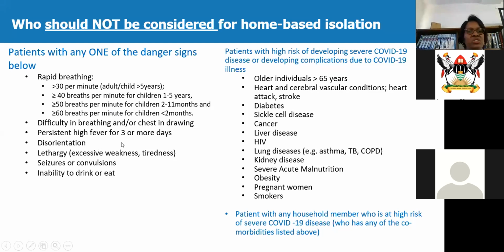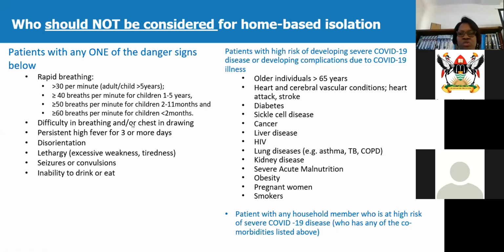If they are getting disoriented and their mental status is changing, they are more lethargic, sleepy, and can't keep awake, then that is a danger sign. They are probably going into cerebral hypoxia and they need to come into the hospital. Excessive weakness and a feeling of excessive tiredness is another danger sign. Convulsions, and inability to drink or eat, are additional danger signs.